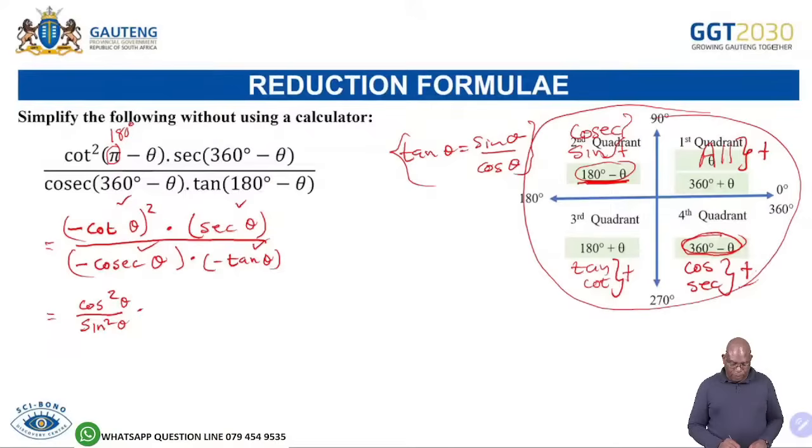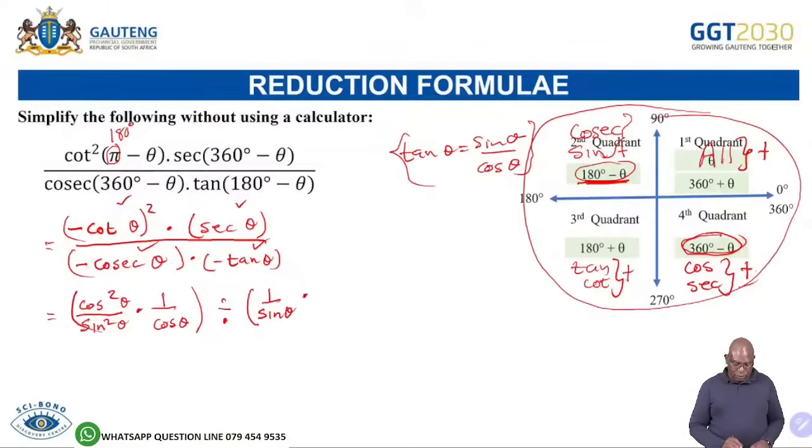Then this is multiplied by sec, which is 1 over cos of theta. This whole thing there is divided by. So I just want to make life easy for this one, so that we don't have division there. Cosec is 1 over sine of theta.